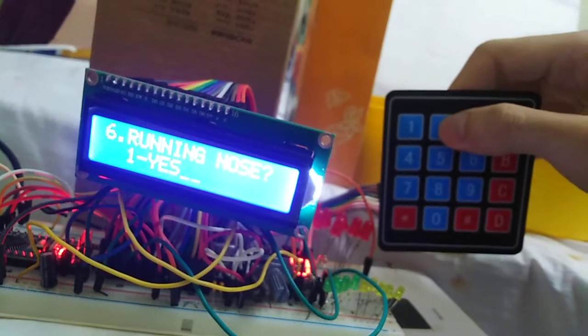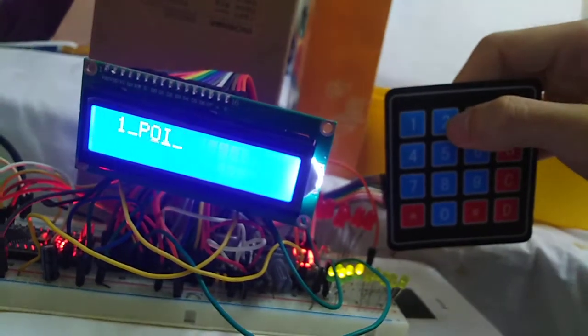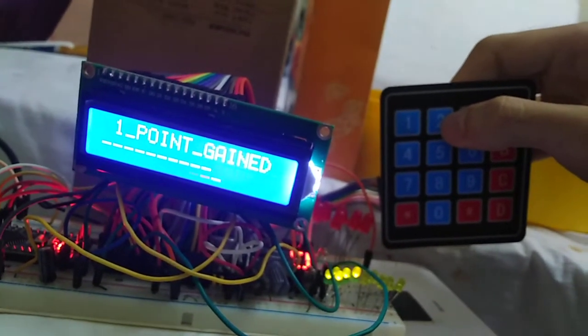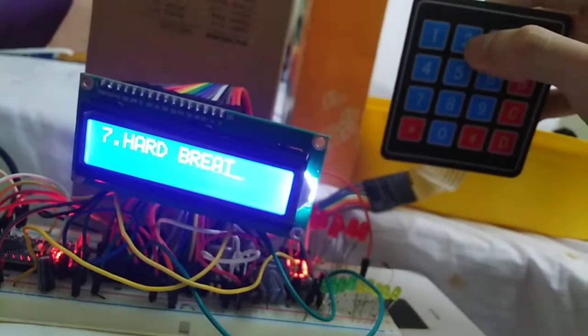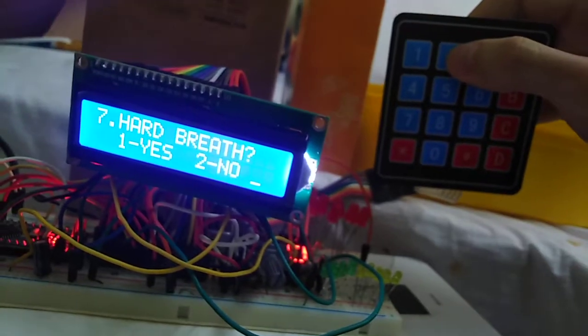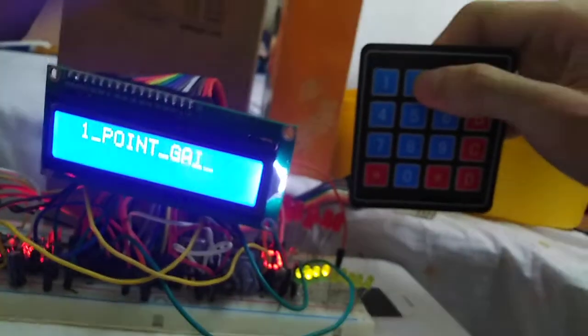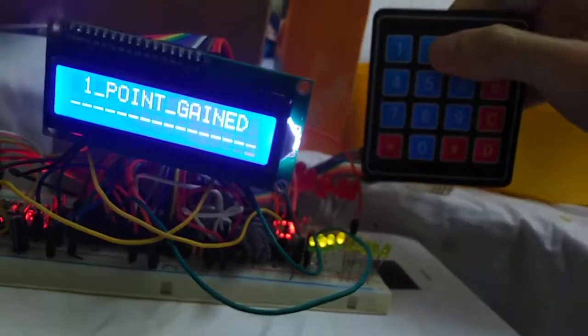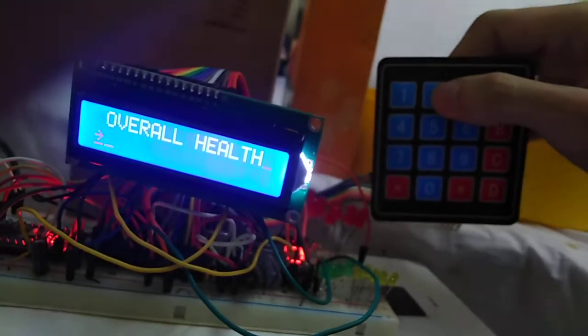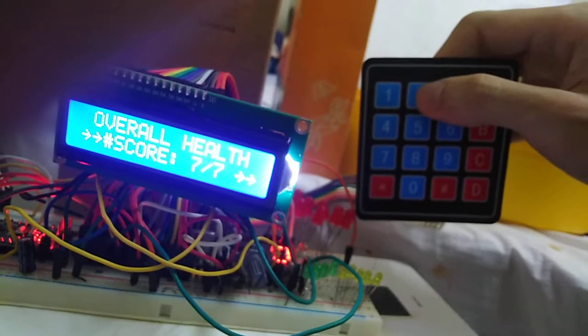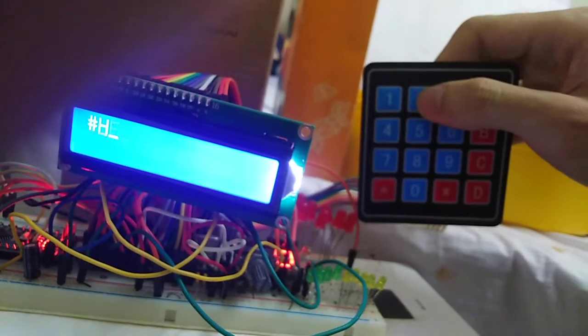No. 1 point gained again. Last but not least, hard breathing. No, because I am healthy as the first user. 1 point gained again. After that, you will find the overall health status is 7/7, which is safe.